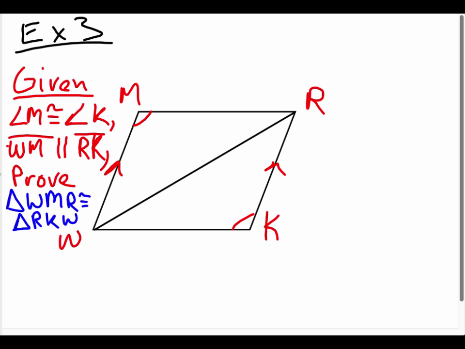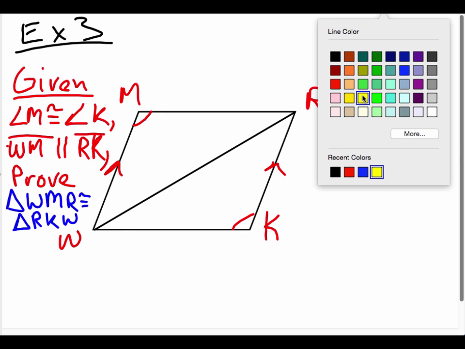Now, there's a clue that they give us here. And what I'm going to do is consider a couple of things. One, they gave us a clue that these two lines are parallel. So I want to consider that. And I'm going to draw this a little differently.